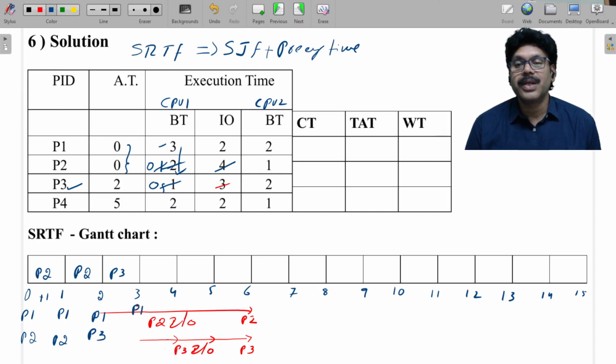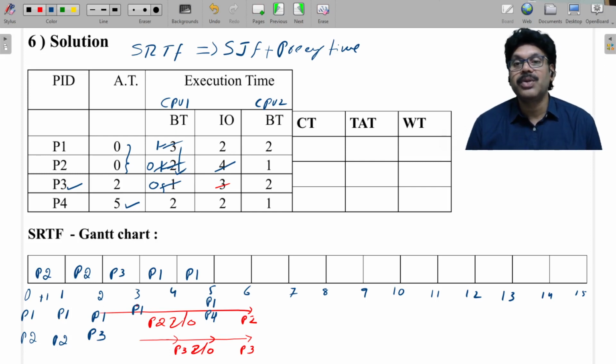Now the continuing process is P1. Still it is continuing. Now exactly at time 3, because P4 has come at 5, I can give a chance to P1. P1 is executed 1 unit and 1 unit, balance is 1. Exactly at 5, P1 is there as well as P4 has come. There is no other process at 5.